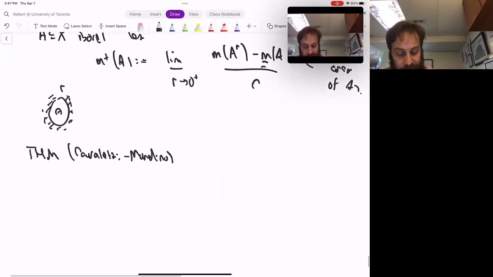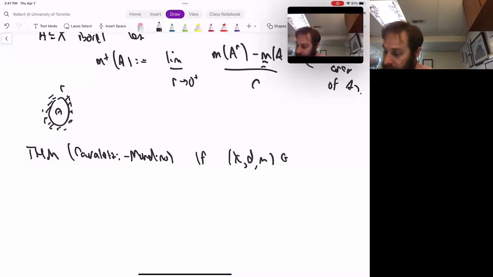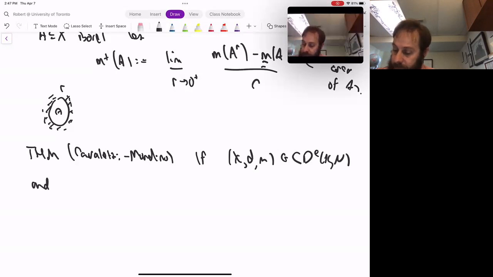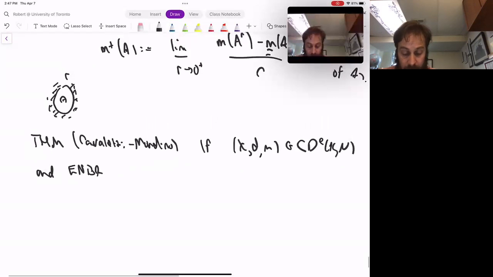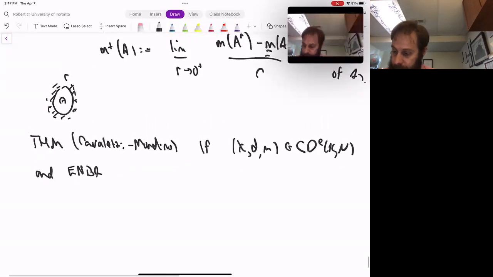It says if, in addition to all the other nice things that we just asked for, if X is CD(K,N) and essentially non-branching, or just non-branching is fine, and always the measure is normalized.